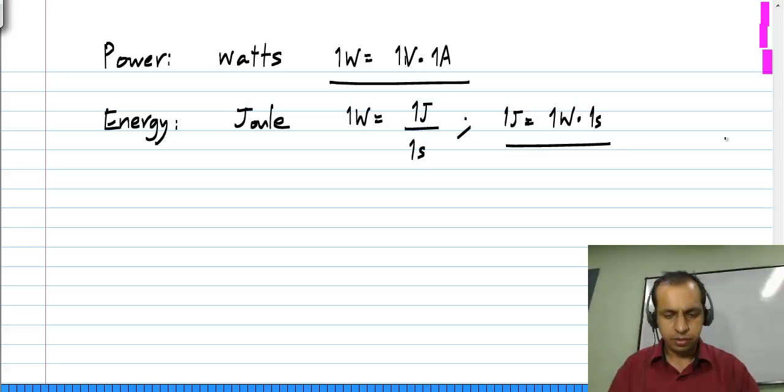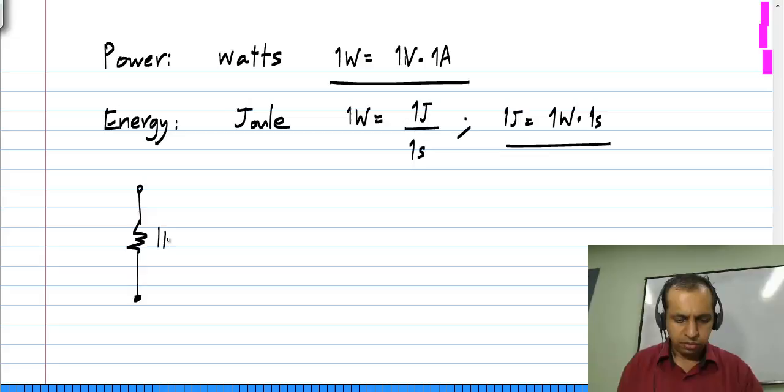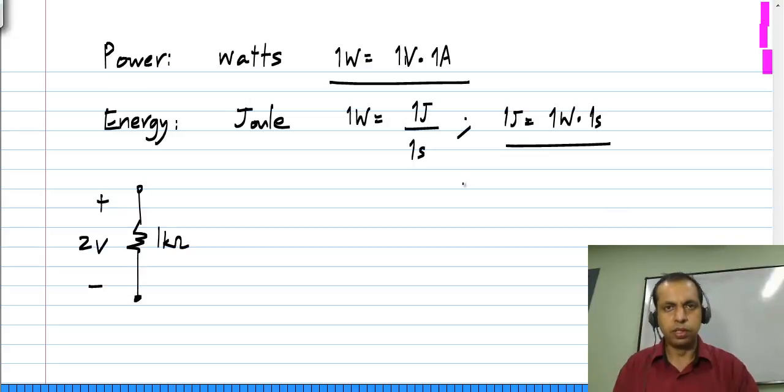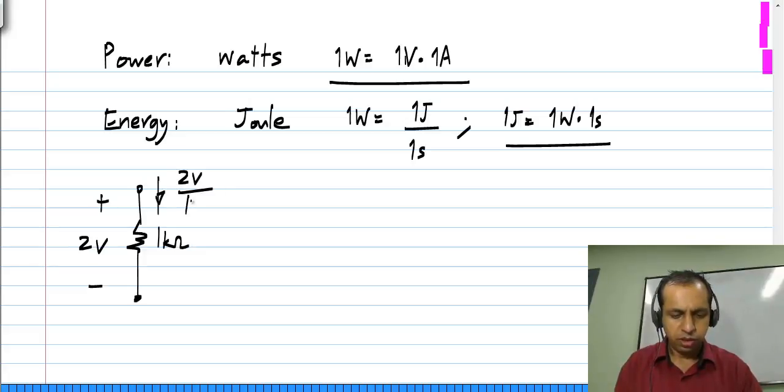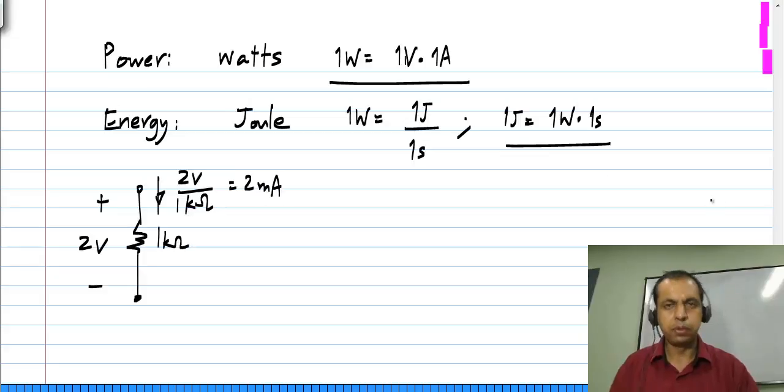Okay. Now, let us consider a simple case. We have a 1 kilo ohm resistor with 2 volts across it. By Ohm's law, we know that the current is 2 volt divided by 1 kilo ohm, which is 2 milliamp.